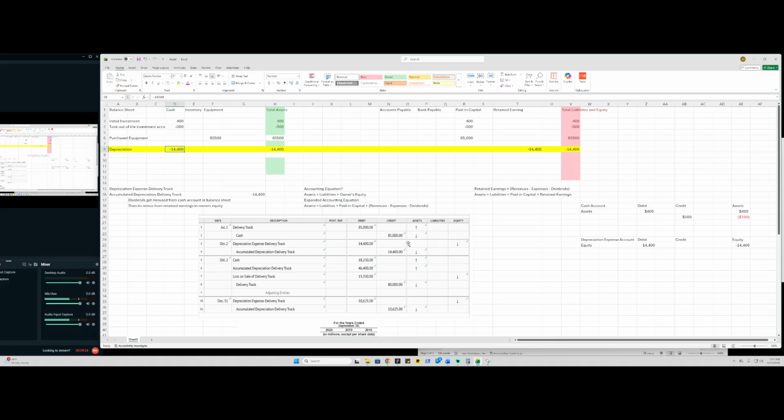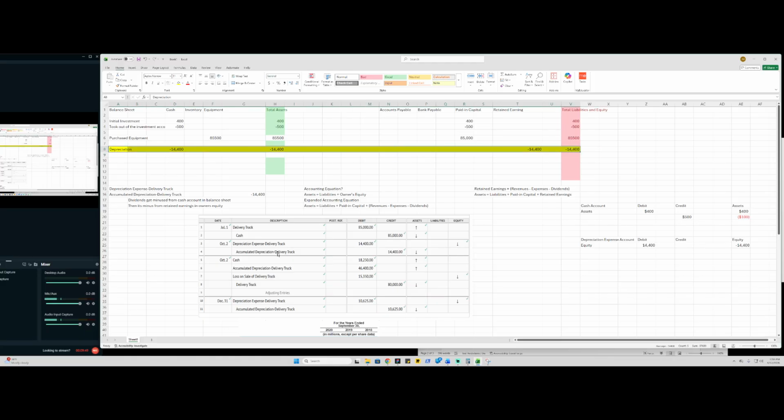The depreciation expense is retained earnings, actually, so you debit that to retained earnings. But the accumulated depreciation, you put in credits to the assets, so it decreases the assets.